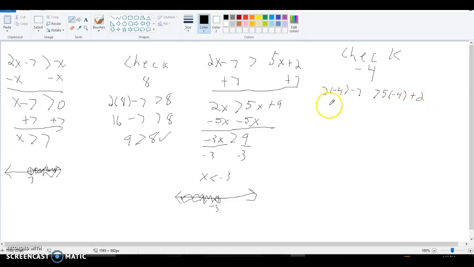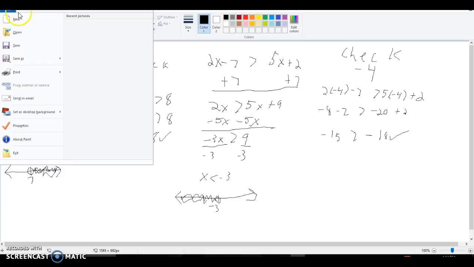So 2 times negative 4 is negative 8, minus 7, is greater than 5 times negative 4, which is negative 20, plus 2. So negative 8 minus 7 is negative 15, which is greater than negative 18, so it checks out.